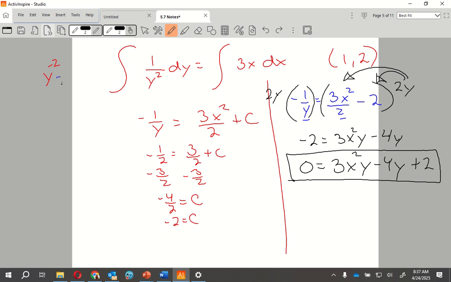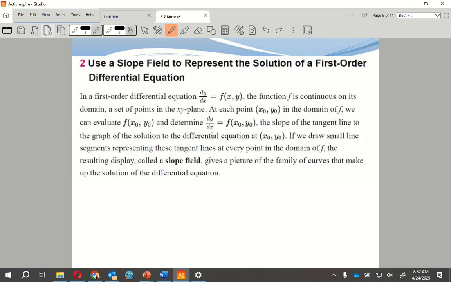And then the next part is going to refer to calculators. A slope field represents solutions of first order differentials. Slope field, give a picture. Bam.